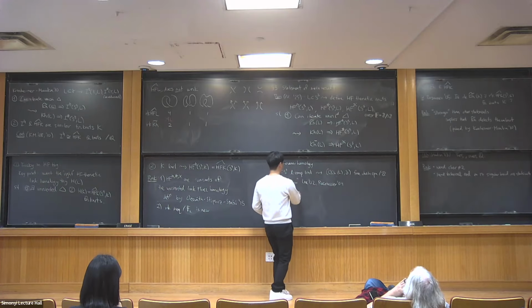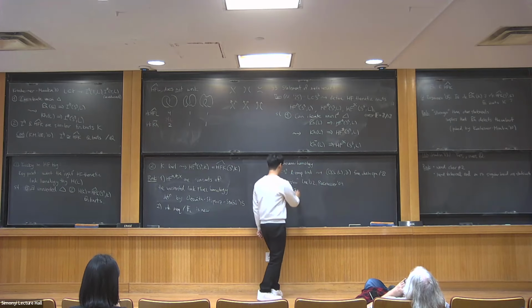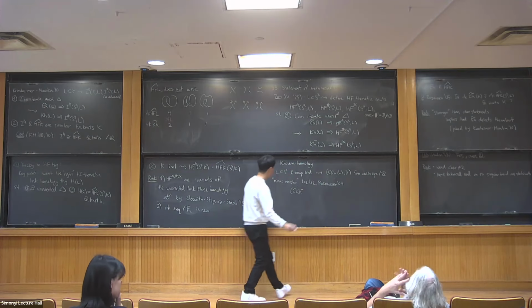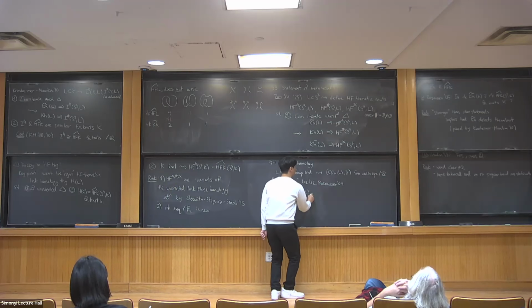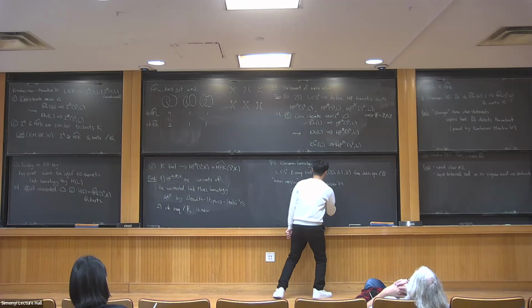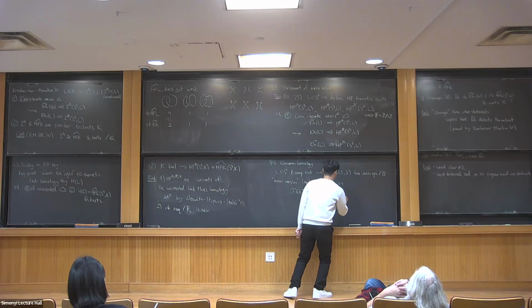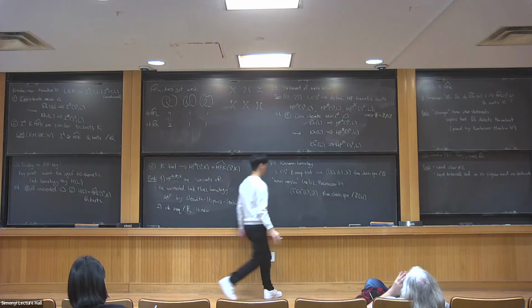And this minus version gives a chain complex, maybe I'll call it CKh minus of L. And this is a free chain complex over Z adjoined one formal variable U.